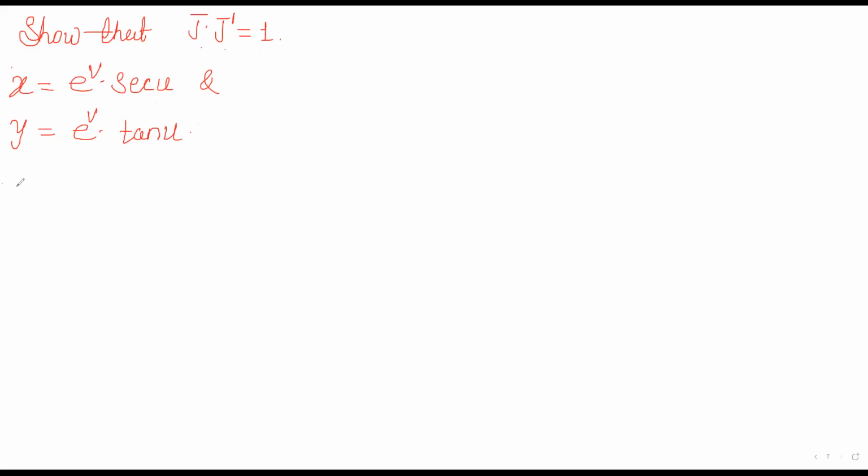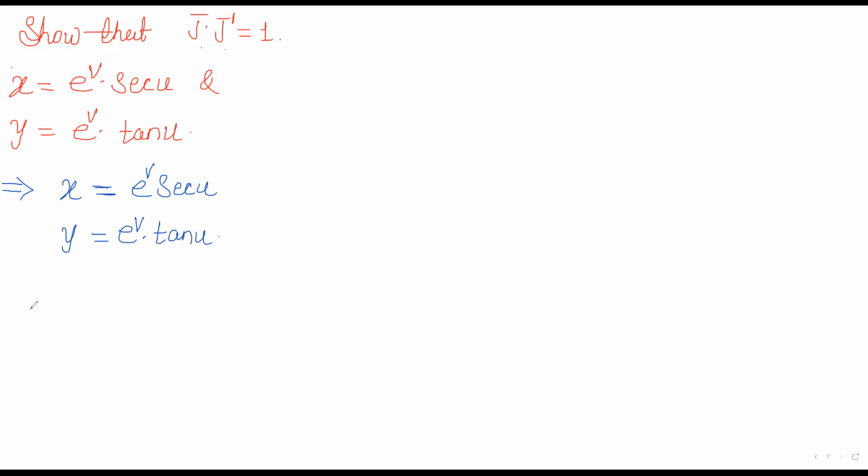So let us consider the given function x in terms of u and v, e raised to v into sec u, y is e raised to v into tan u.